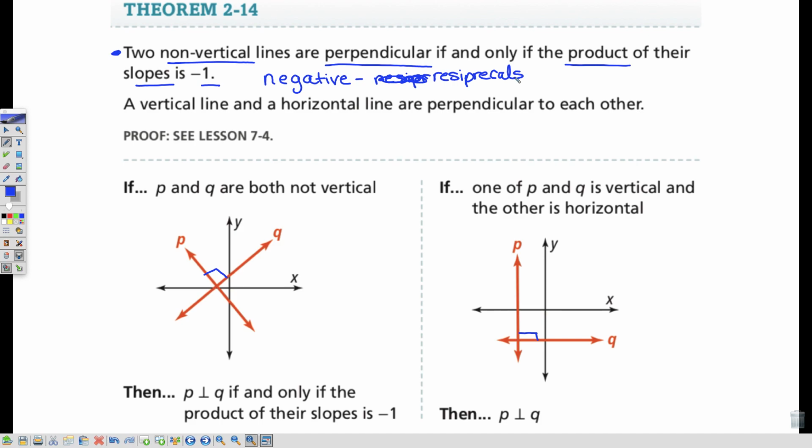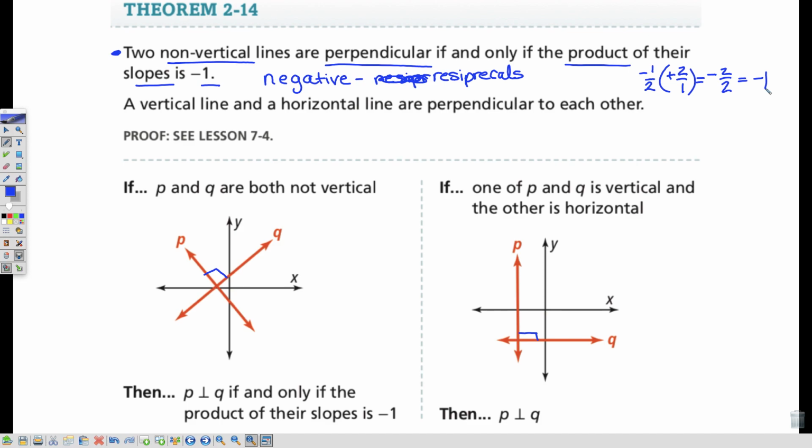So if I have -1/2, okay? Well, a negative times a negative is a what? Positive. And what is the reciprocal of a half? 2/1. So if I were to multiply this, I'd have -2/2, which is what? -1.